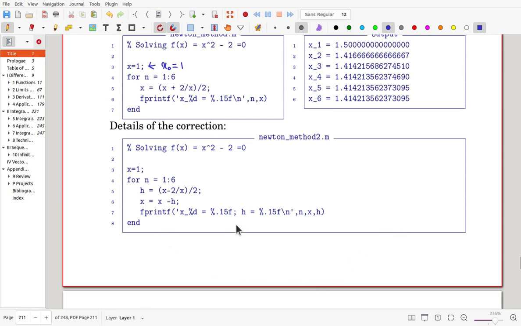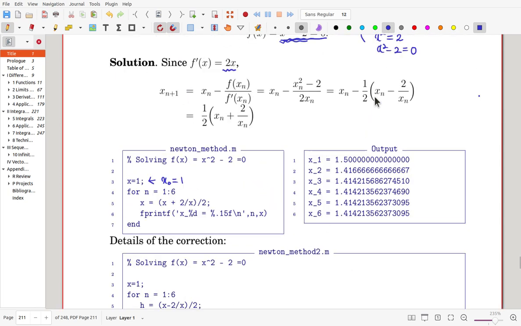For that, we compute this portion, which is basically from the old value. That is a sort of correction term. So we save this portion to h, and x minus h will make the new x.